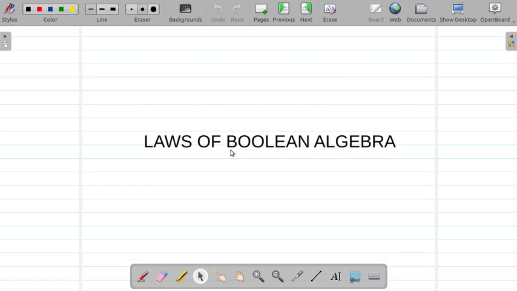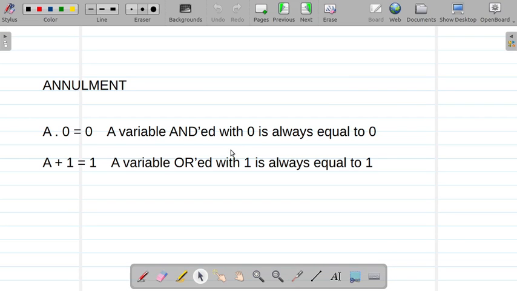Next is, ang Boolean algebra na siya mga law. So, let's start with annulment. So, any variable multiplied by 0 is 0 na siya based sa kaning annulment na law. So, a variable and when we say multiplied or that, gina-express na siya as and.